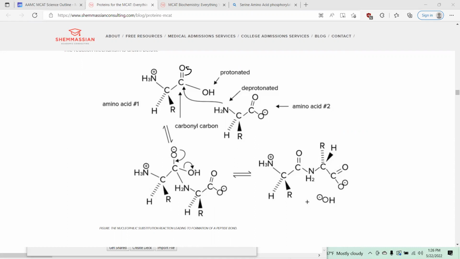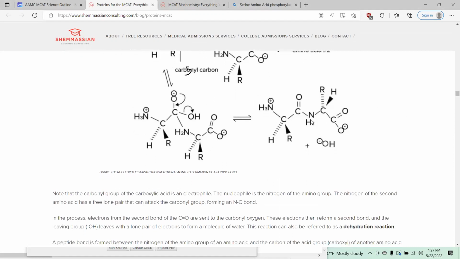The best leaving group here is this negative OH. So once this guy leaves, we have the situation on the left here, which is our newly formed amino acid and this free-floating OH.